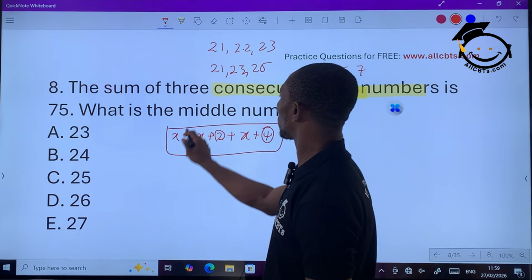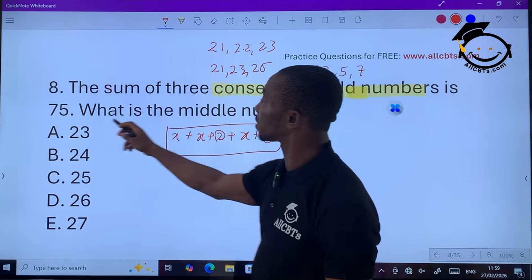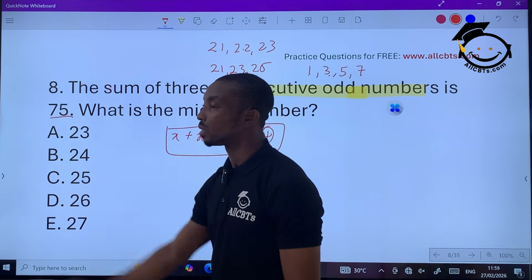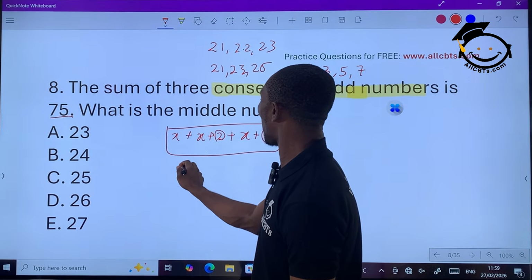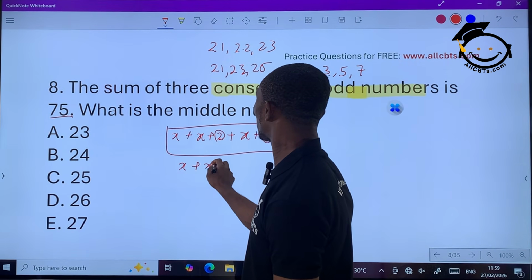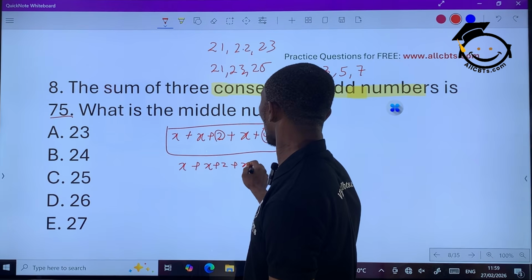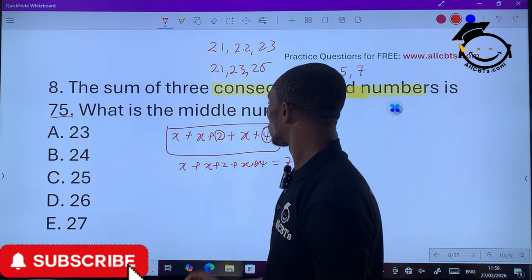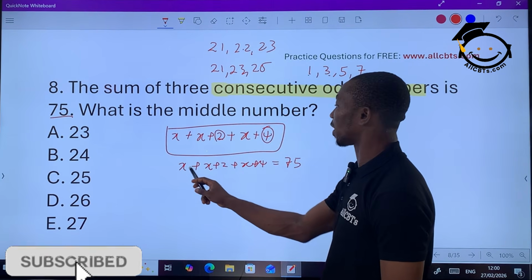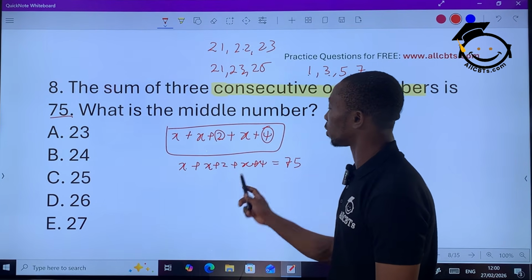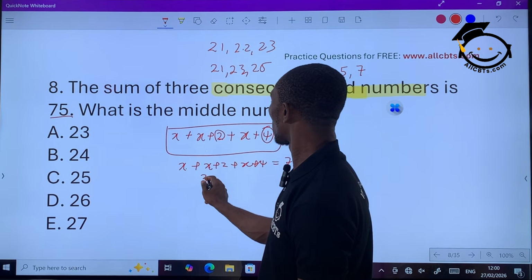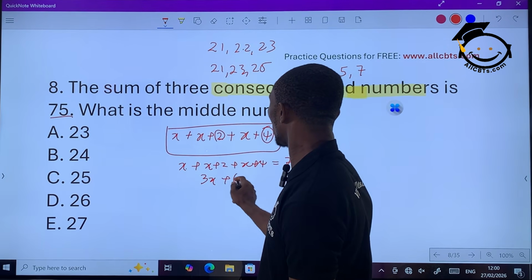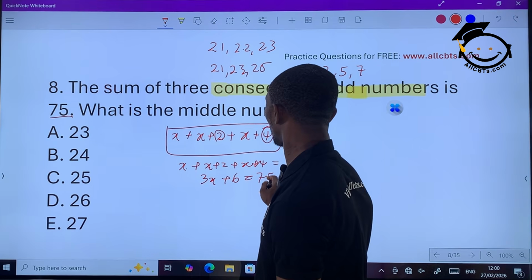So now let's put it into an equation where it says that it sums up to 75. So we have x plus x plus 2 plus x plus 4 equals 75. Collecting like terms, x plus x is 2x, plus x is 3x, 3x plus 6 equals 75.